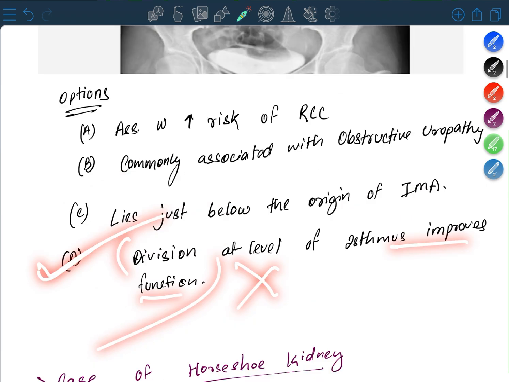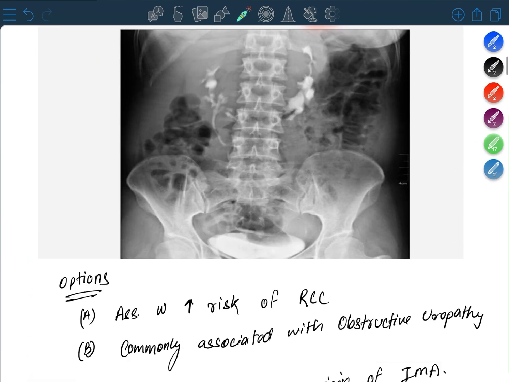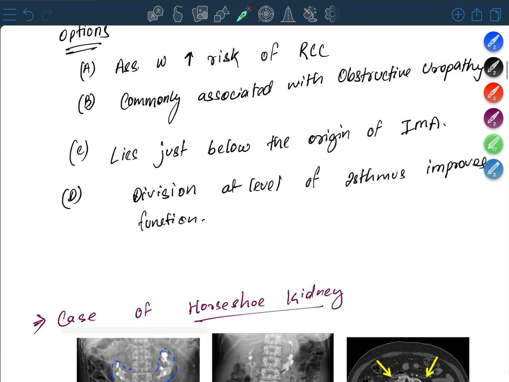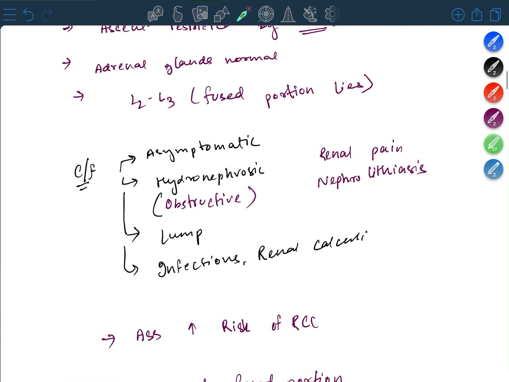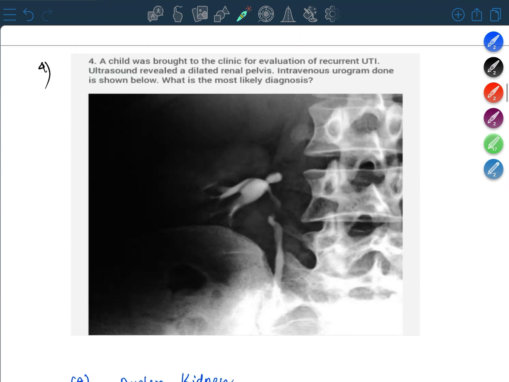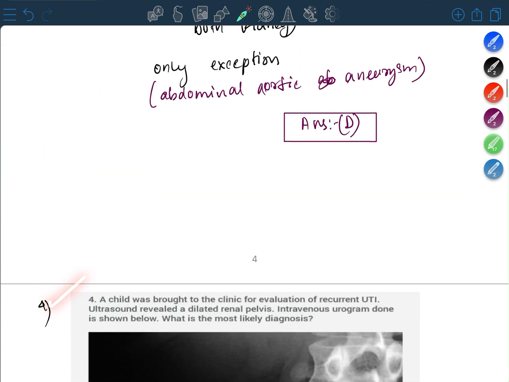Wrong, but this is the correct answer as they have asked us what is false. Division at level of isthmus improves function? No, nothing. And it can be detrimental, danger, as it devascularizes both kidneys. Okay, let's move ahead. Fourth question. Yes, so this one's answer is D.